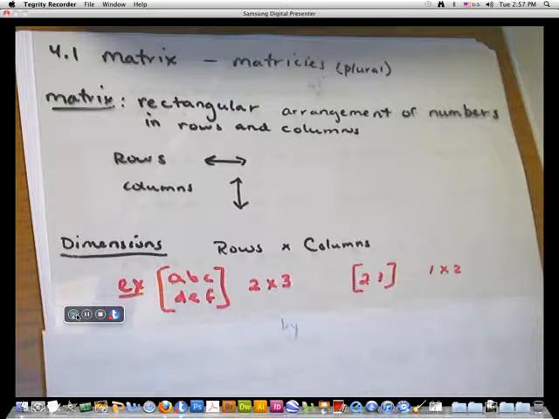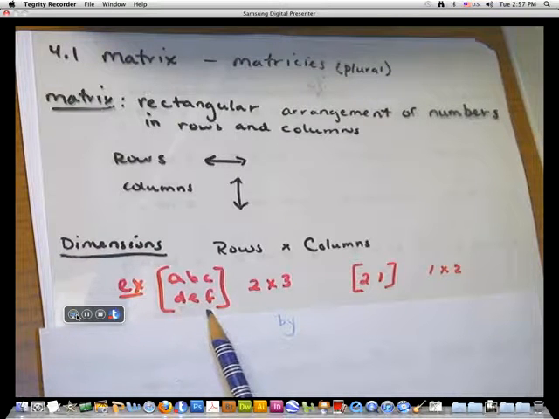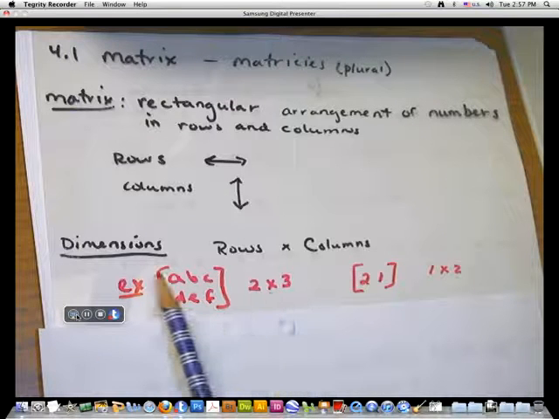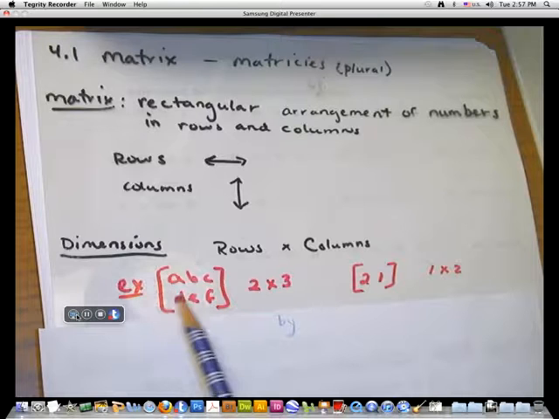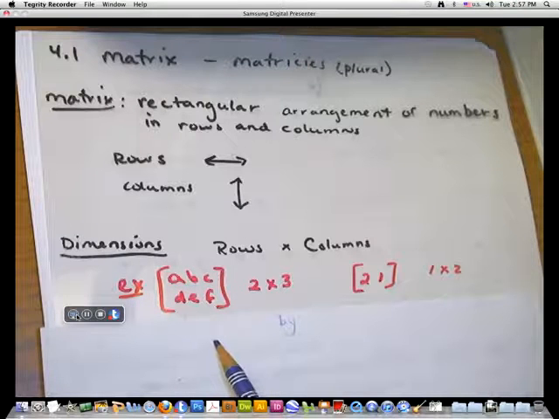So here we have a couple of examples. If you're given the matrix A, B, C, D, E, F, and you're asked for the dimensions of it, you would say it's a 2x3 because there's 2 rows that go across, and 3 columns that go down.